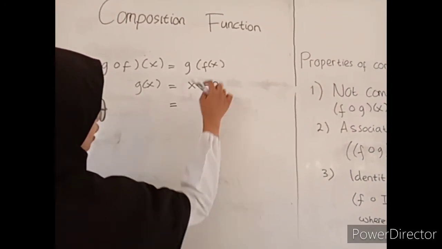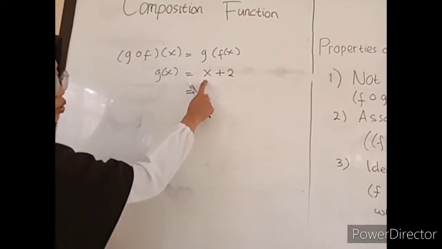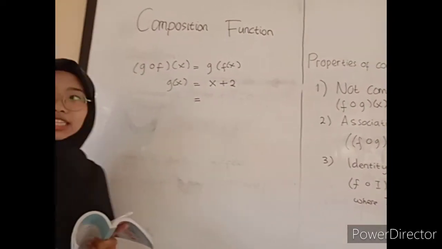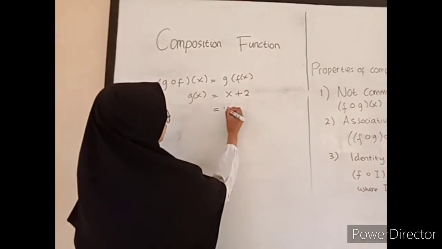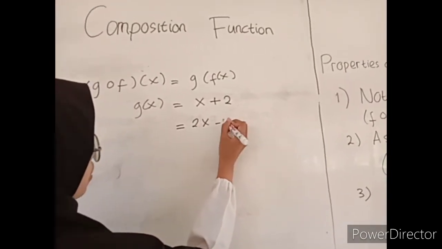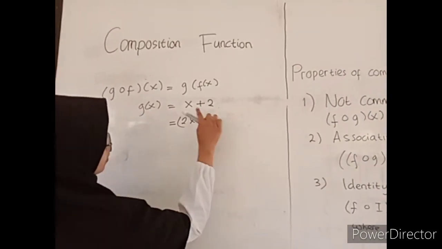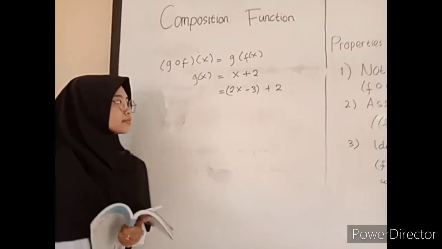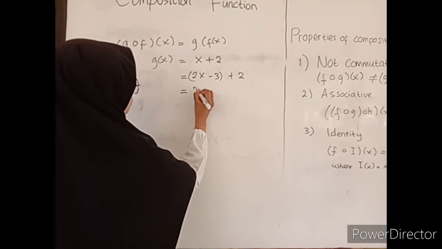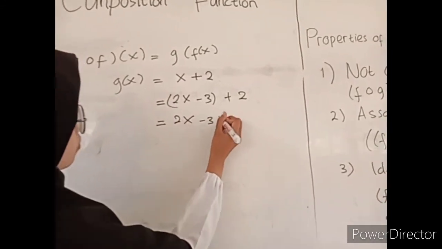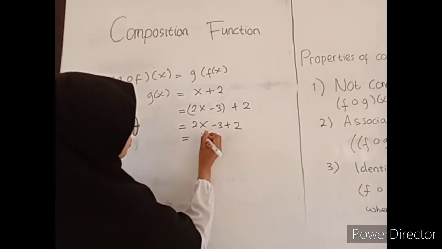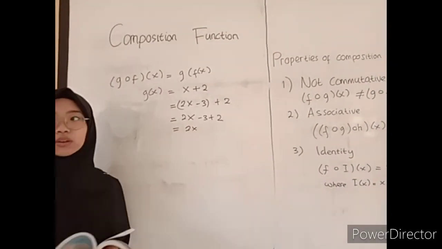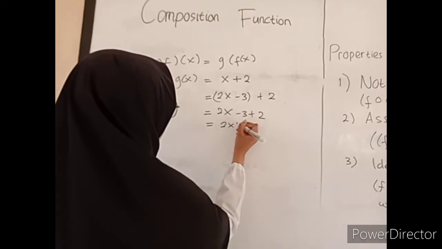We substitute f(x) in here. f(x) equals 2x - 3, so 2x - 3 + 2. Like this. So we get 2x - 3 + 2 is equal to 2x - 1.